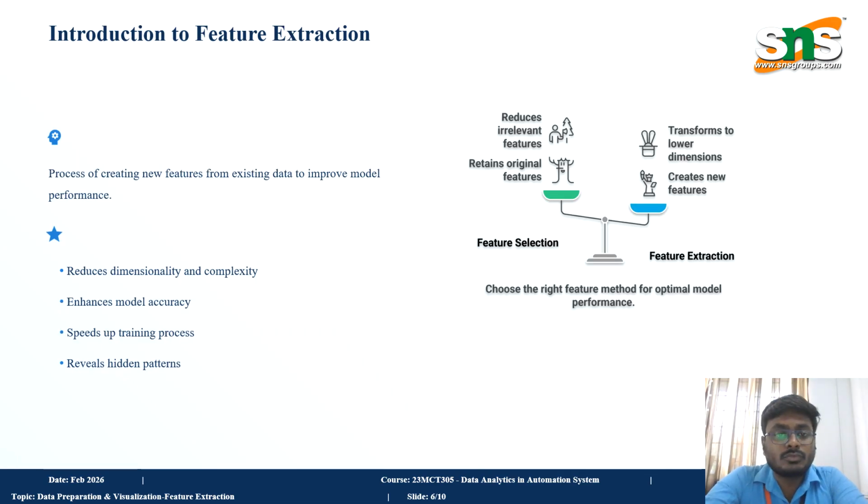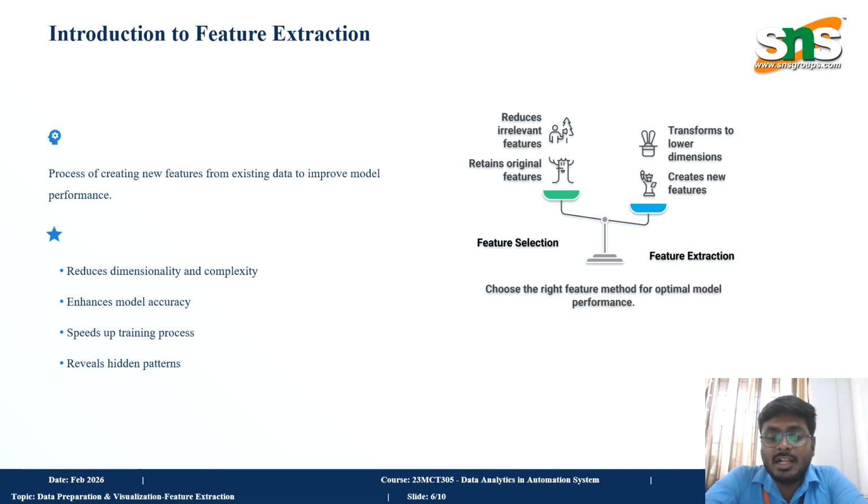Shifting gears to feature extraction, this is the process of creating new features from existing data to boost the model performance. It reduces the dimensionality and the complexity, enhances accuracy, speeds up training, and reveals hidden patterns that raw data might hide. Compared with feature selection, selection reduces irrelevant features while keeping the originals, like picking the best ingredients.